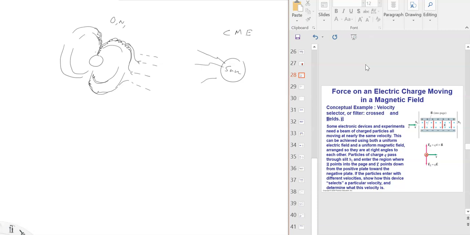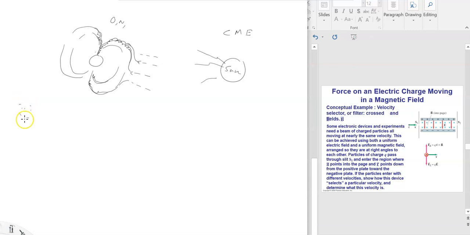One aspect of using charged particles is that once you accelerate them, you have to have control over the speed. You have to have a velocity selection mechanism. So let's say we have a bunch of protons, like a cloud of protons. A proton has a charge of 1.